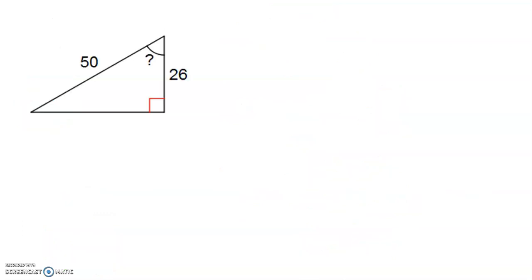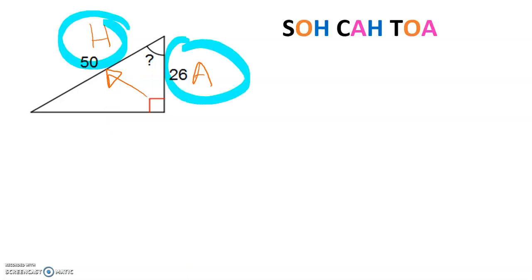Okay, one more. Let's do our labeling. We have our hypotenuse, our longest line, or opposite the right angle. This would be my opposite if it existed, but it doesn't, which means this is my adjacent. So I'm using H and A. And if I have a look, the one with A and H is cos, or CAH.